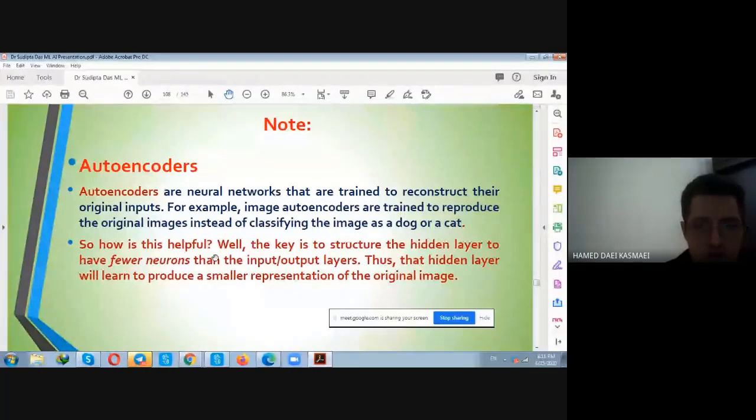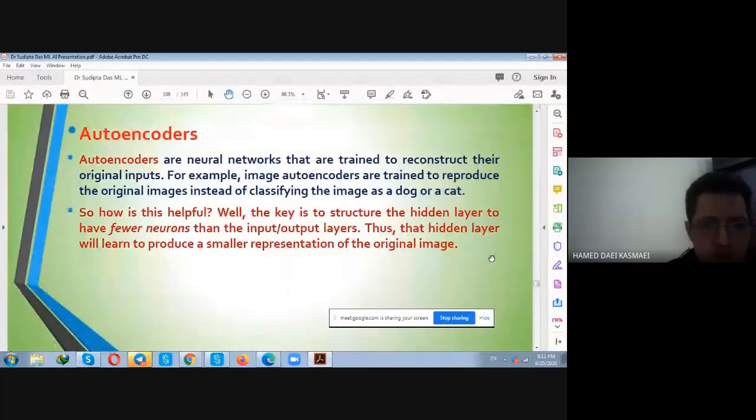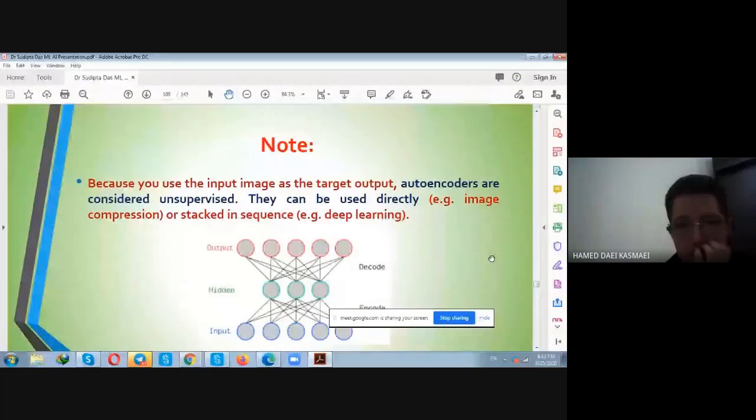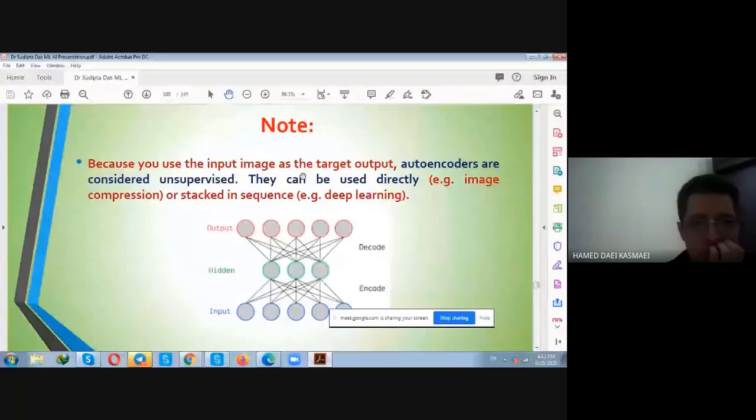Well, the key is to structure the hidden layer to have fewer neurons than the input or output layers. Thus, that hidden layer will learn to produce a smaller representation of the original image. Okay? Because you use the input image as the target, autoencoders are considered unsupervised.